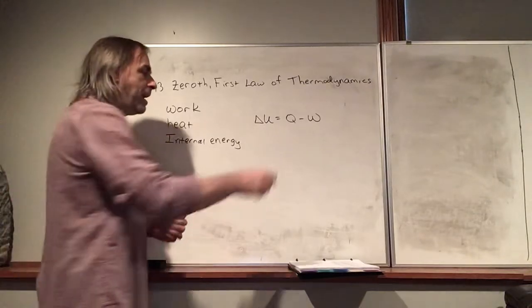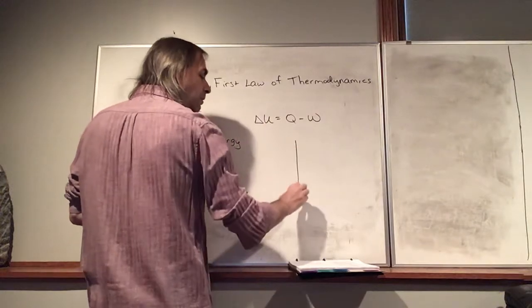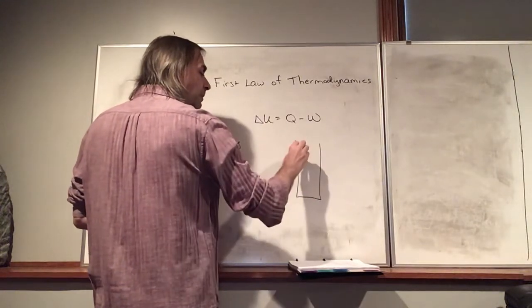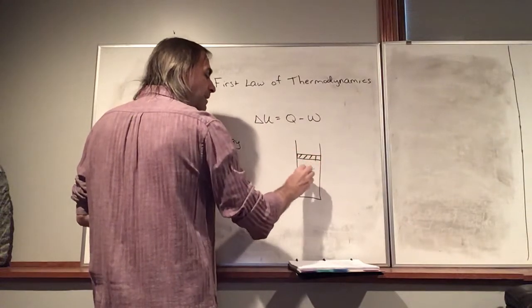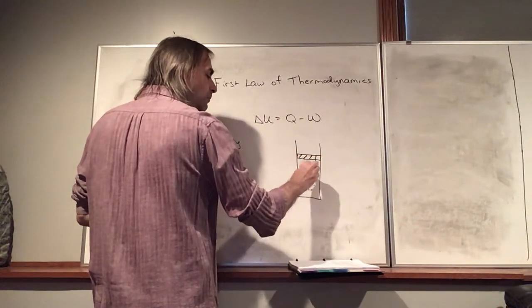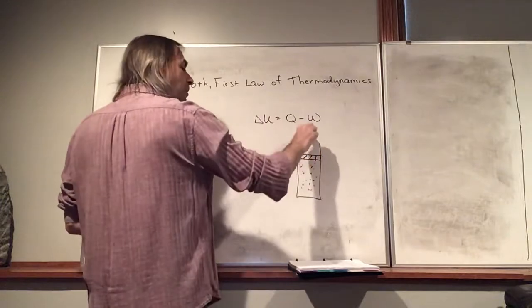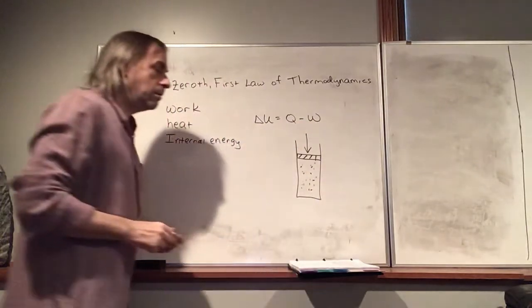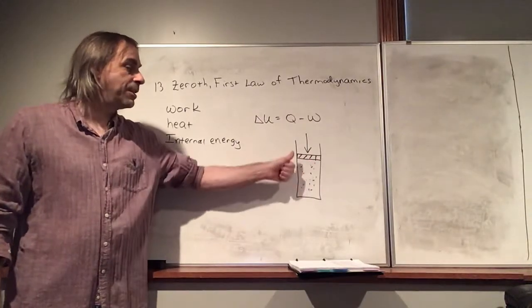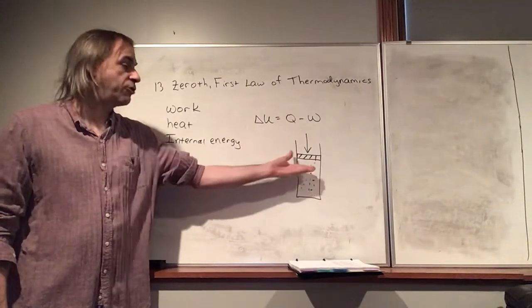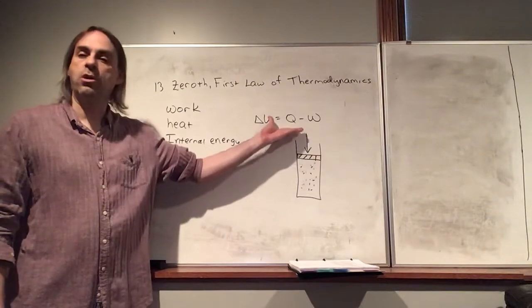An example of a gas: you have a cylinder with a movable piston, and there's a gas in here. Now let's say you push down on this piston, the piston is going to resist that. The gas is exerting a force. There's pressure, which is exerting an upward force on the piston.